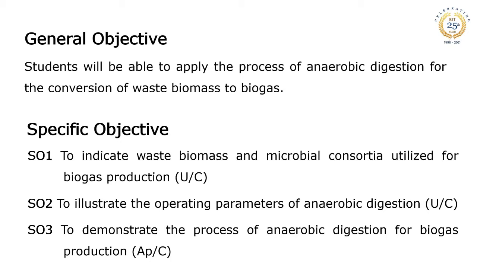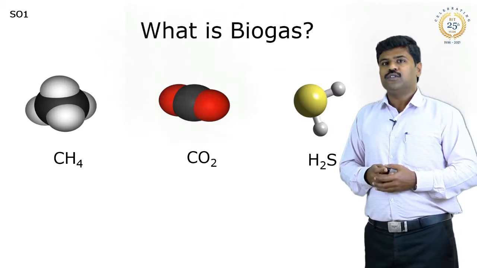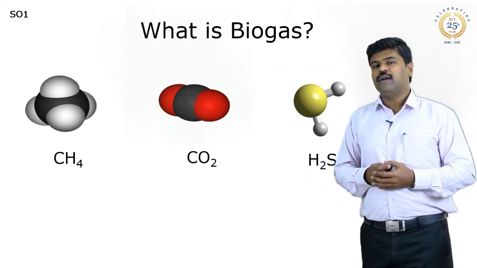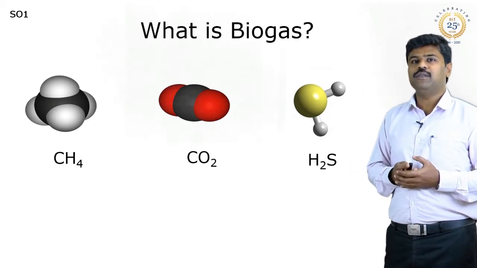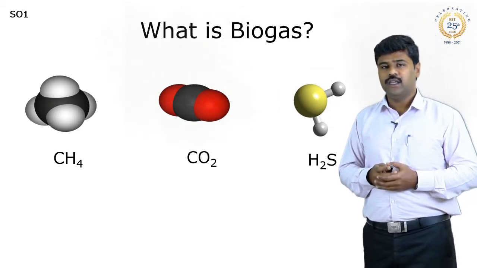In the second specific objective, you will be able to illustrate the operating parameters that we need to keep for anaerobic digestion. In the third specific objective, you will be able to demonstrate the process of anaerobic digestion for biogas production. Before getting into the in-depth concept of anaerobic digestion and biogas production, we need to know some basics about biogas and its importance.